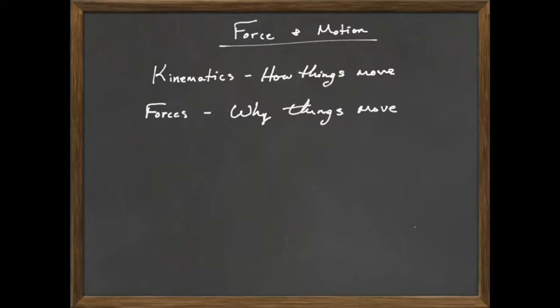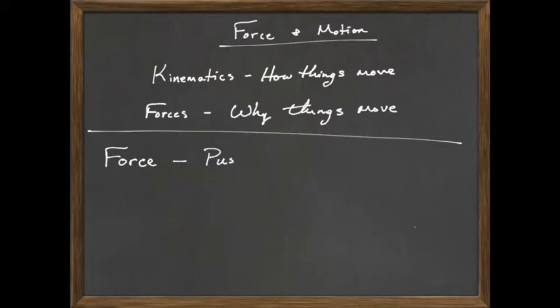All right. So we need to start with the idea of what do we mean when we say a force. Okay, so a force we can simplify as saying it's a push or a pull. It's the easiest way to say it.